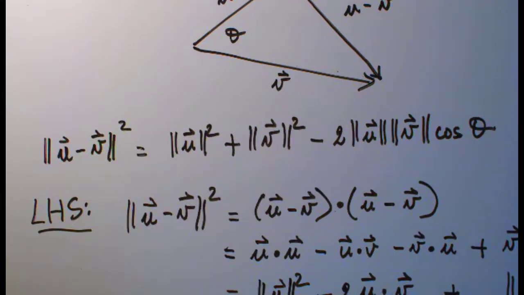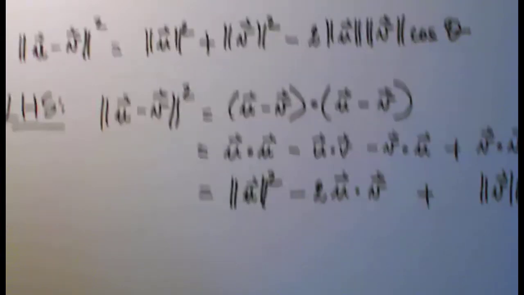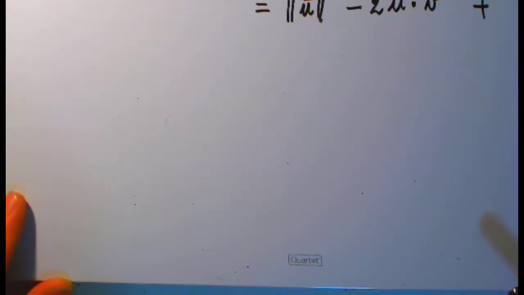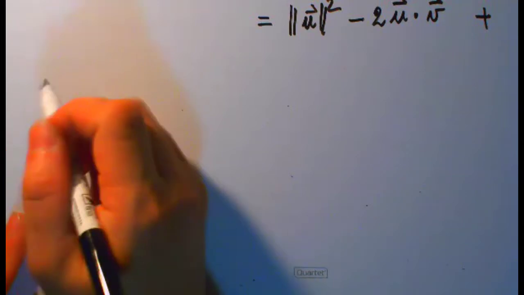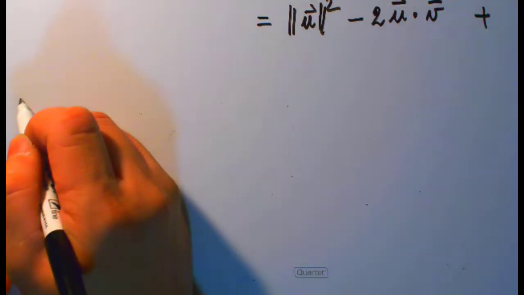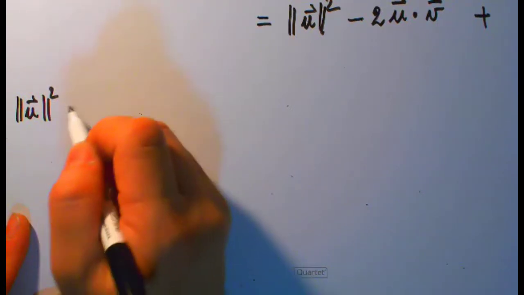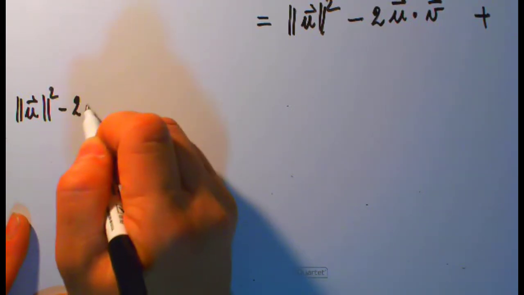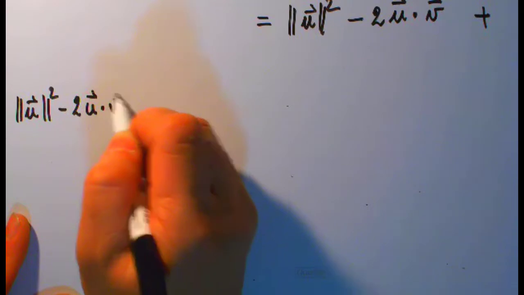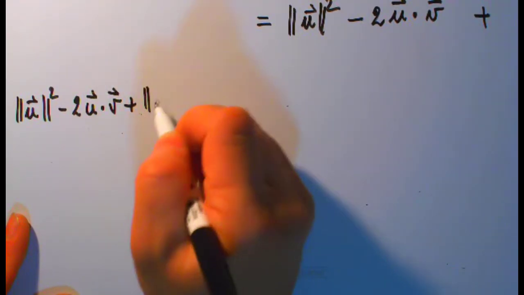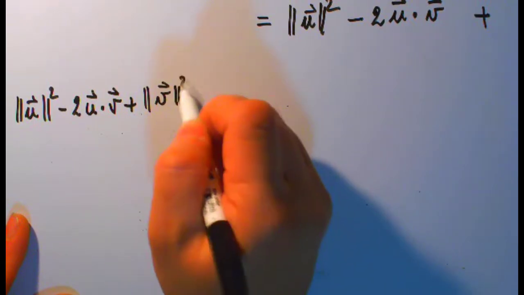So now I'm going to equate the left-hand side, which is now finished developing, with the right-hand side, and hopefully my board space is big enough. The left-hand side is the length of u squared minus 2 times u dot v plus the length of v squared.